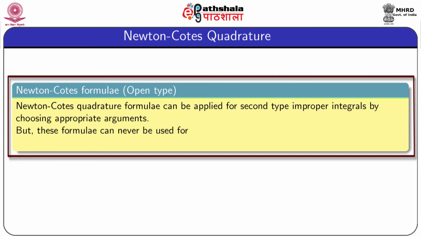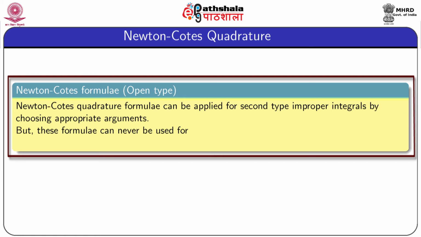So, all these formulas are applied to find the integration of any kind of integrable function, but if the integral is improper, first type or second type, then the previous formulas cannot be applied. Now, we consider another type of Newton Cotes quadrature formula called the open type quadrature formula. The Newton Cotes closed type formula can be applied for second type improper integrals by choosing appropriate arguments, but it is not always possible.